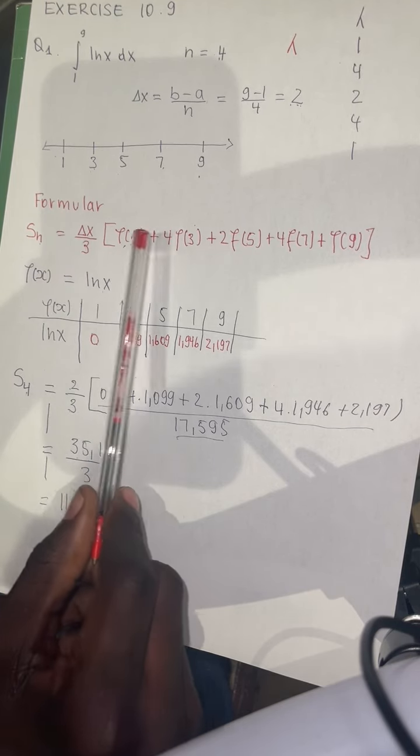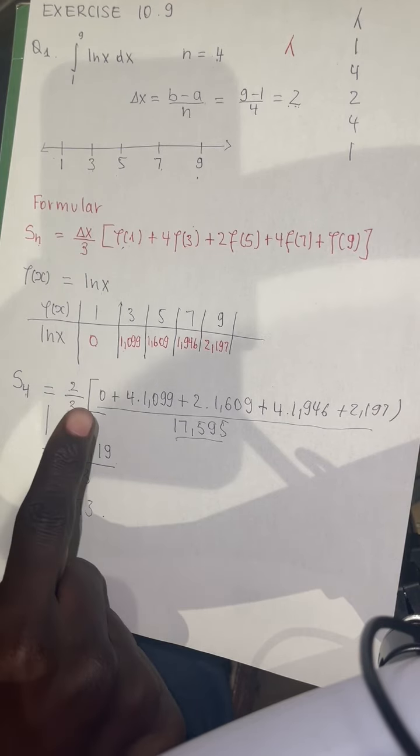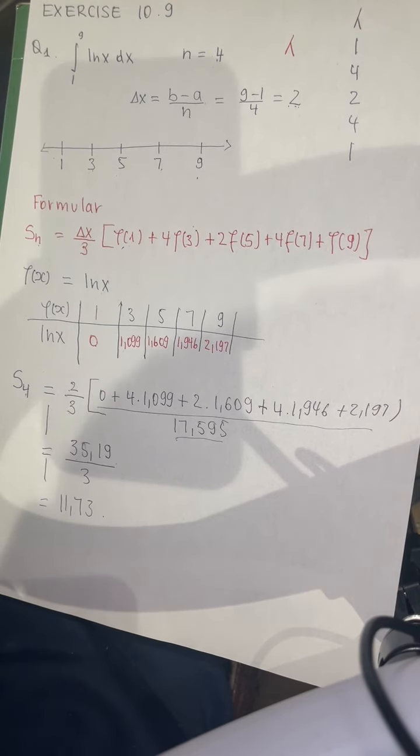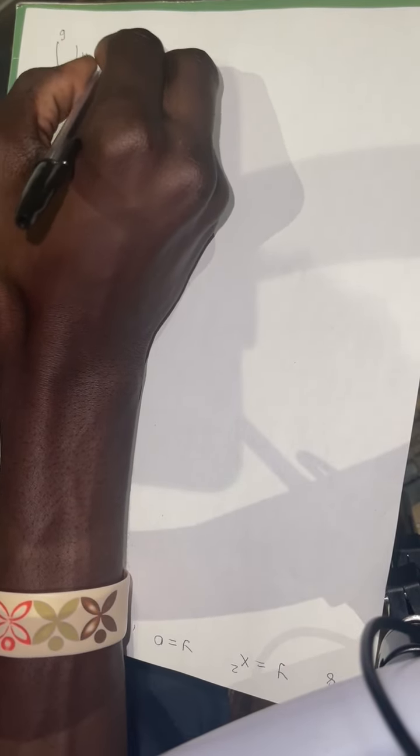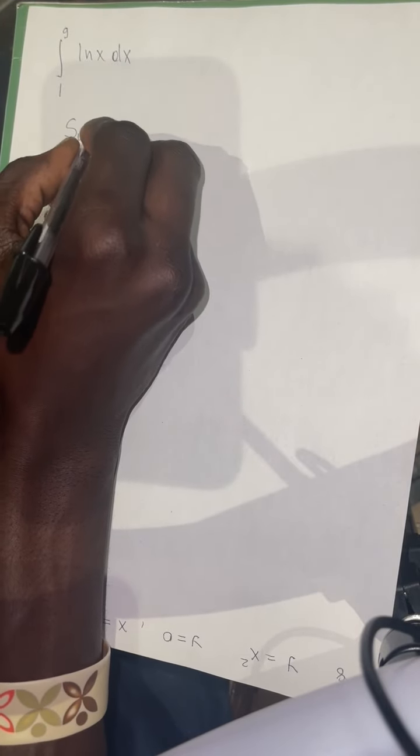Instead of writing F1, F3 and so on, let me use this paper from here, the same integration. It was the integral from 1 to 9 of ln of x dx. This is your challenge, and let me know the answer you find. The same answer, you can say S4 is what?